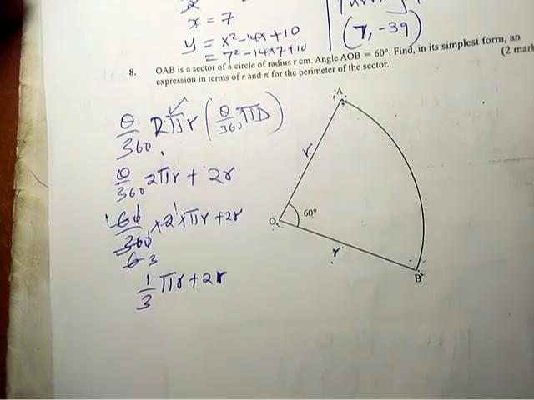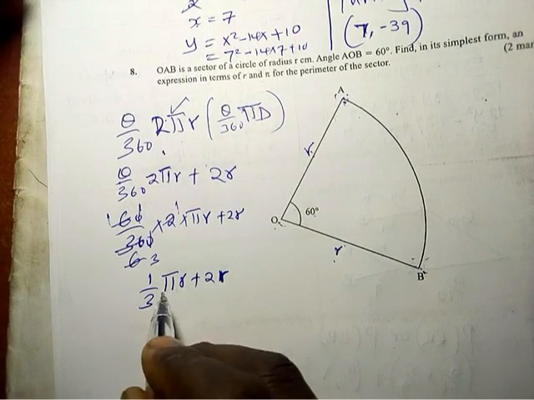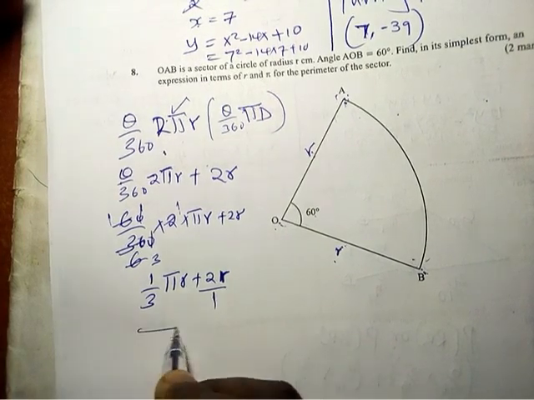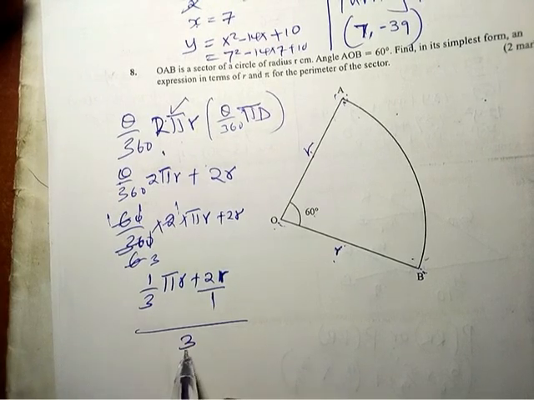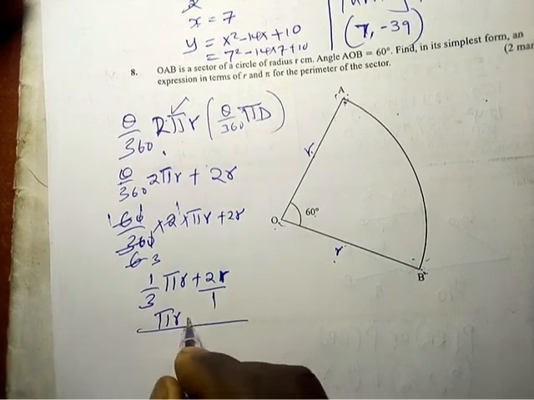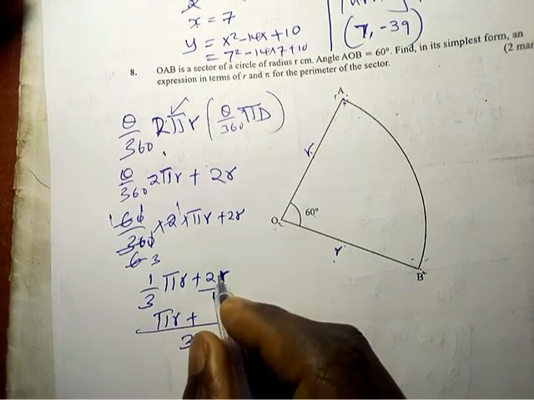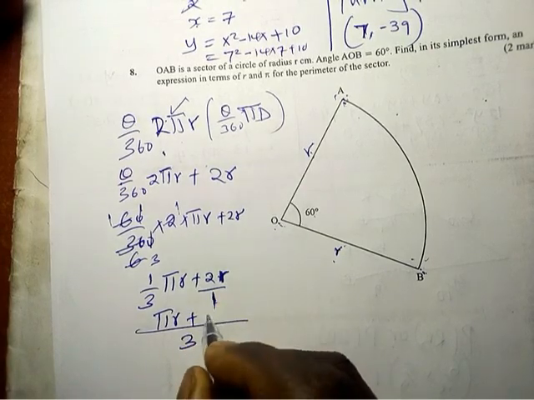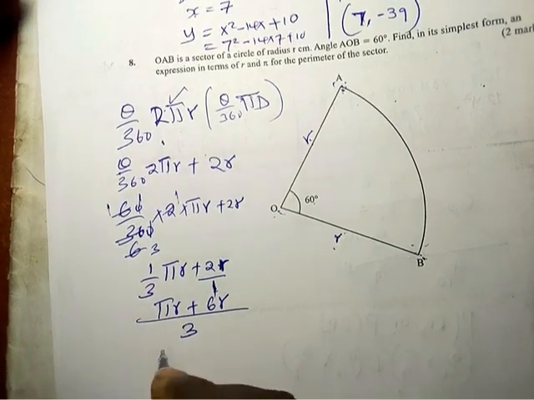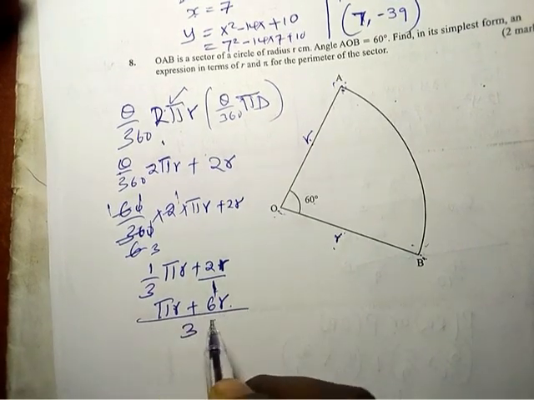Let us make up the LCM. LCM is 3. 3 goes into this one time, so we have pi r, plus 3 goes into this 3 times, so it will be 6r.